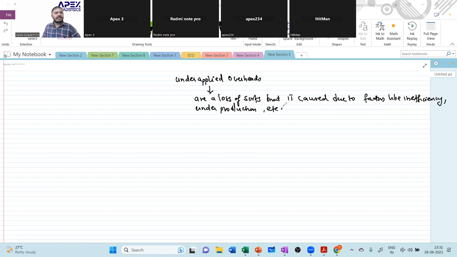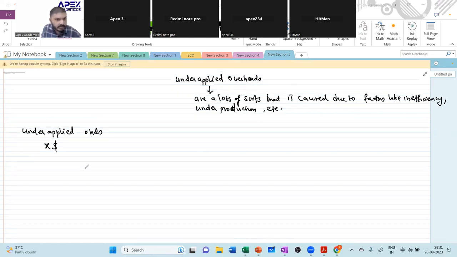This is production, Preeti. I don't want you to get confused. Now, what happens? You see the under-applied overheads. First, you see the amount. Whatever the amount, you can say it is X dollars. Now, this has to be allocated to 3 items: COGS, finished goods, and WIP.